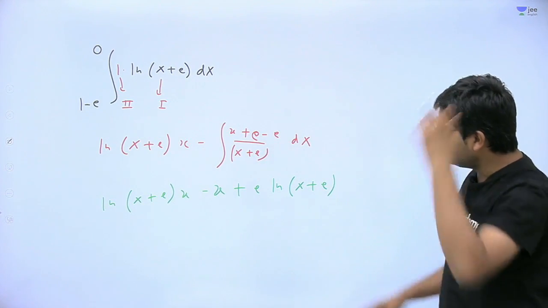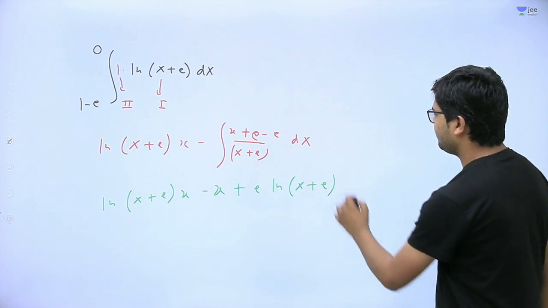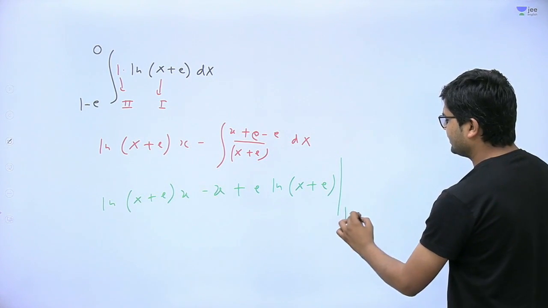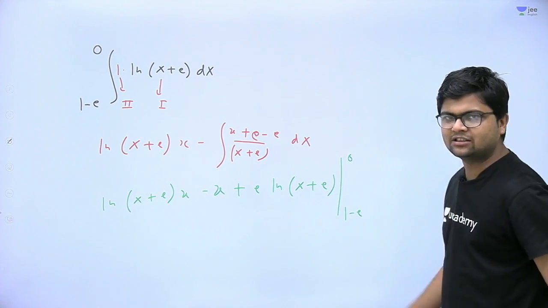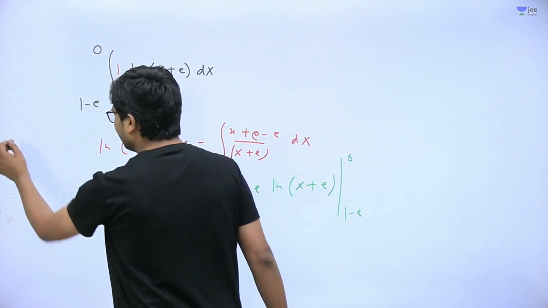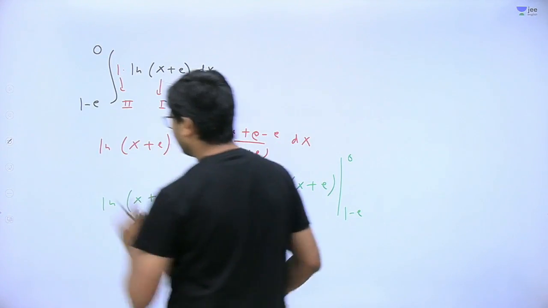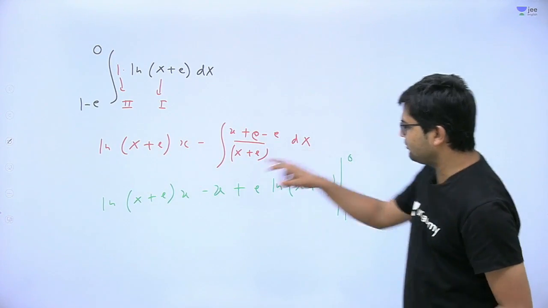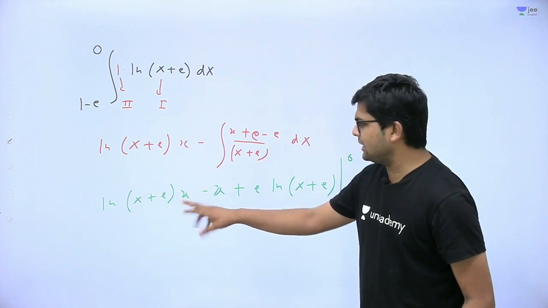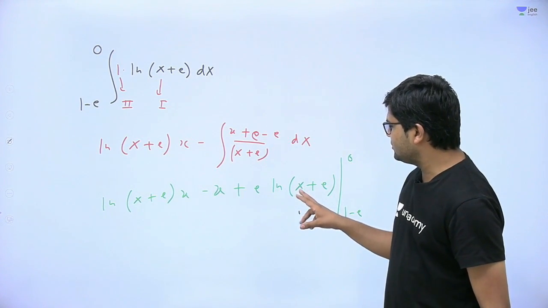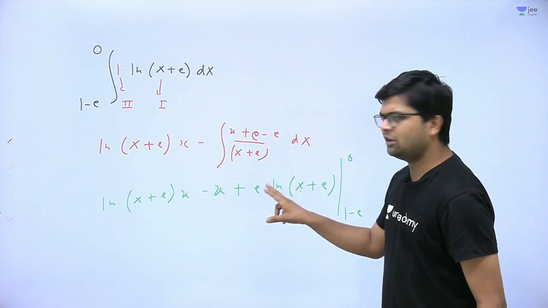Now just put the limits of value 1 minus e to 0 and you will get the answer. I'm putting it, don't worry. Initially put 0. If you put 0, the value is 0 multiplied by ln e, which is 1, so it will be e.